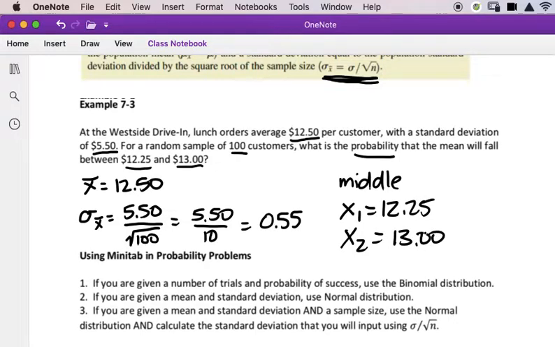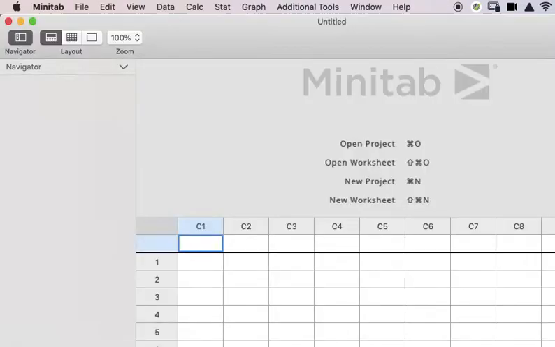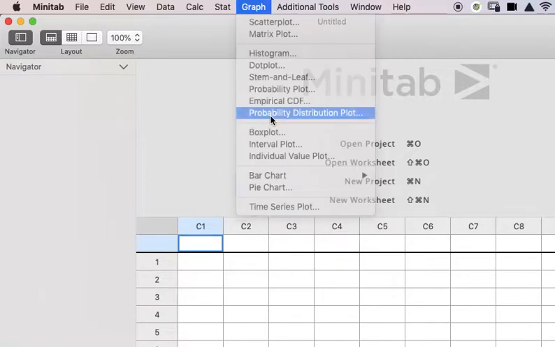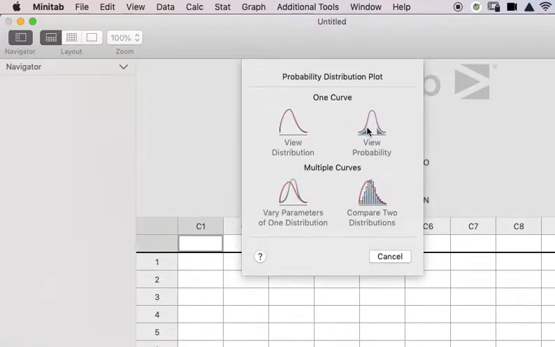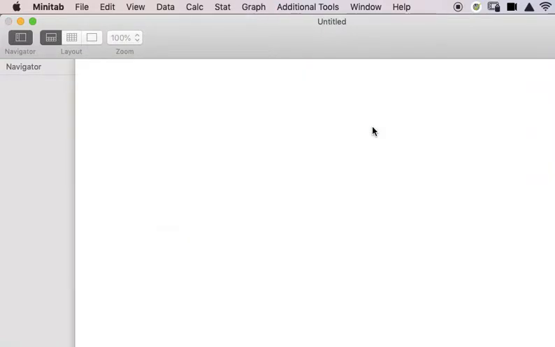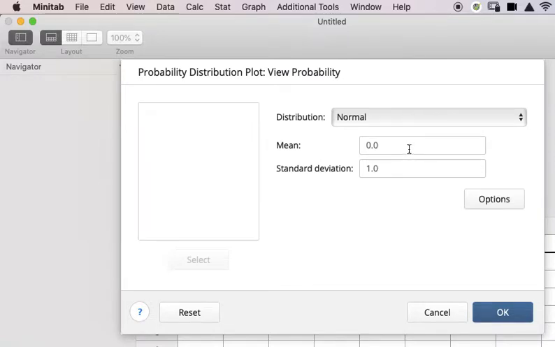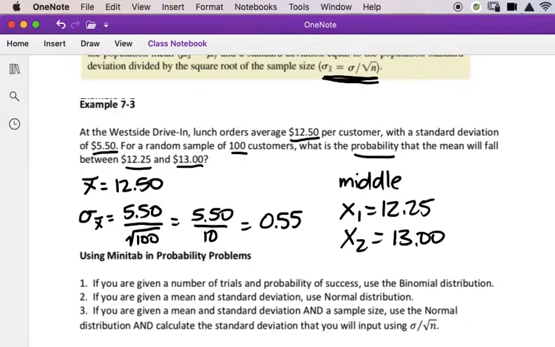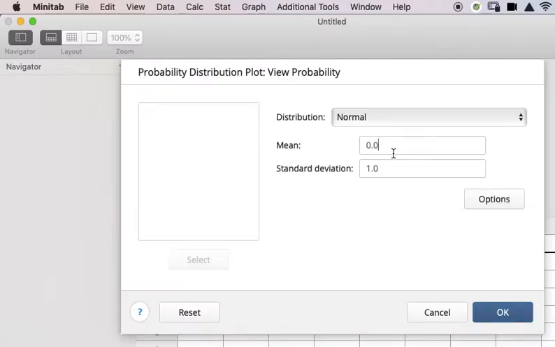So we have all the information that we need to enter into Minitab to find the probability. Remember, we're finding probability on these problems, and it's going to be given to us on the graph. So go to View Probability. We're using normal distribution. Our mean is 12.50 and our standard deviation is 55 cents.